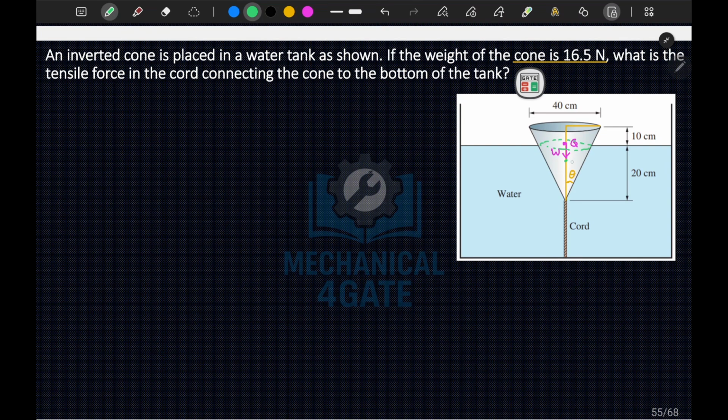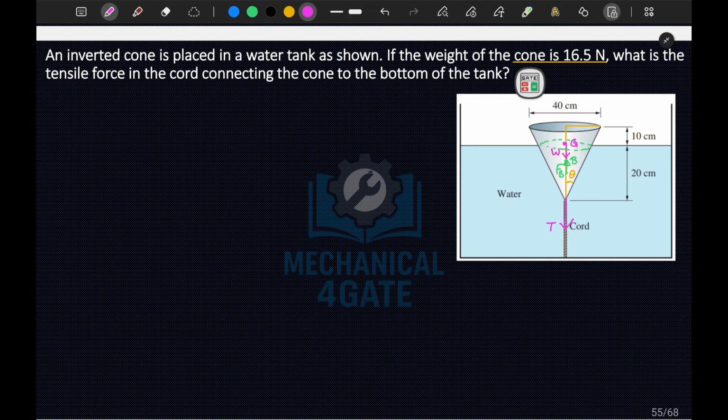At this point, let's say is the center of buoyancy B, and this is your FB, buoyant force. And here it will be the tension in the cord. This will be acting.